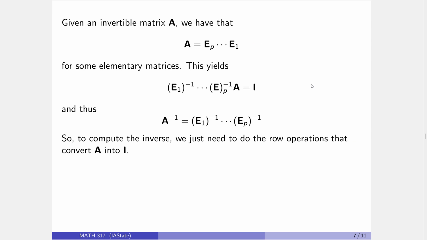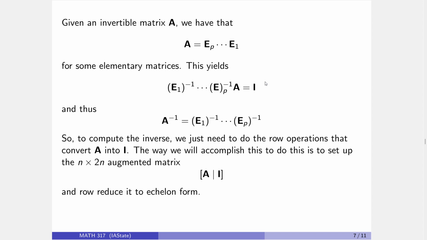So if I multiply both sides by the inverses of these elementary matrices, I'll get this, which means that A inverse has to equal this. So A inverse is the product of the inverse elementary row operations. So these are the row operations that turn the identity matrix into A, and these are the ones that turn A into the identity. So in order to compute the inverse, you just got to figure out the row operations that actually convert the matrix A into the identity matrix.